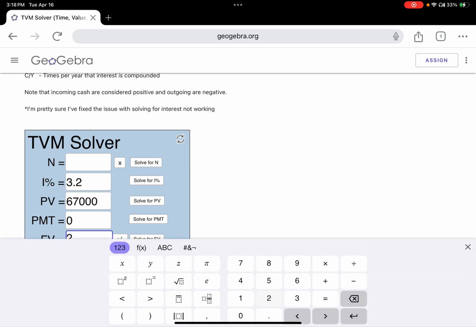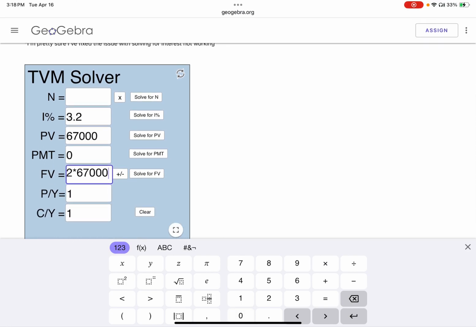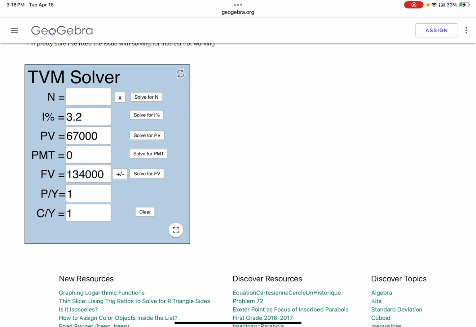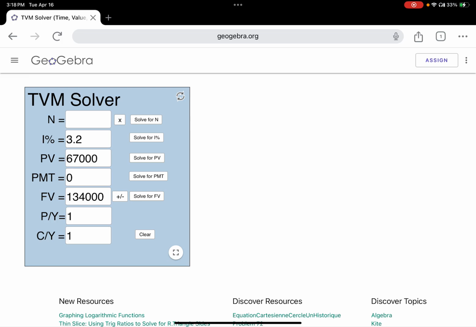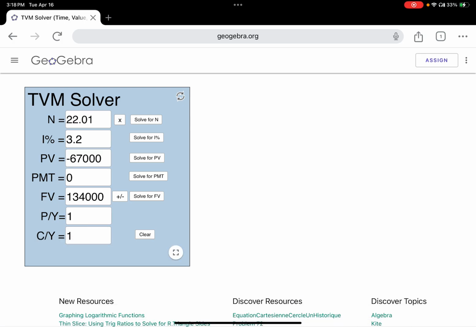We want to know when we get 2 times my initial value. And the payments per year and compounding per year, we keep that 1, and we want to solve for n. Oops. And it's because I forgot to make one of these negative. Thank you. See, look at all these fun things you see when you get to watch me make videos. Okay, solve for n, 22 years.